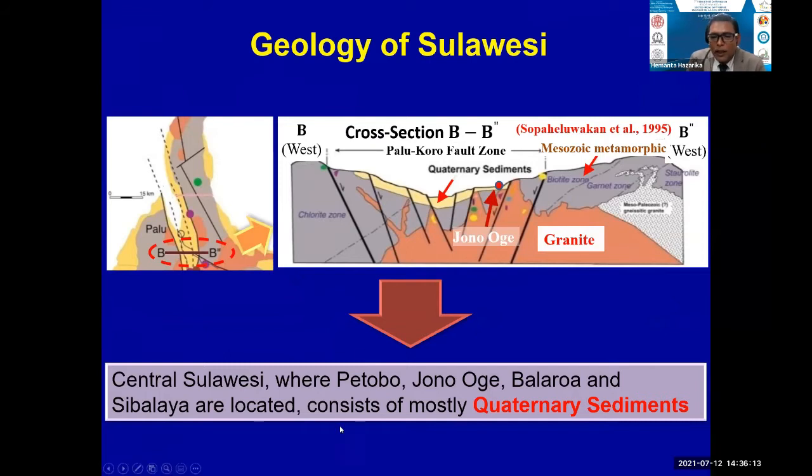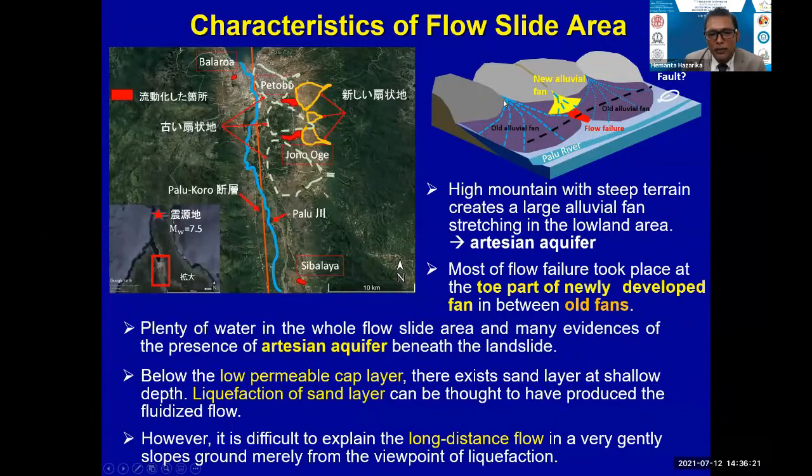That is another problem of that area. And also the topography. I'm sorry, some of this is in Japanese, but I'll explain to you. Here, you can see that this is Petobo, this is Jono Oge, and Sibalaya. This is the Palu River, and this is the approximate location of the fault.